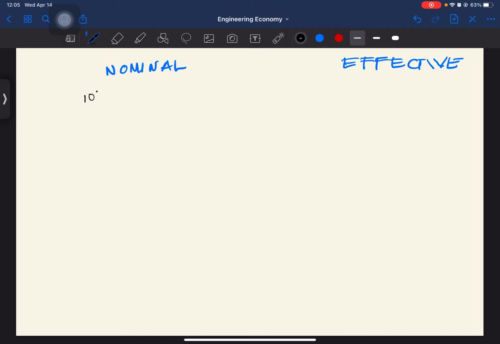Ano yung pinagko-compare natin? 10% compounded semi-annually. Tapos 10% compounded quarterly. Tapos 10% compounded, let's say bi-monthly.